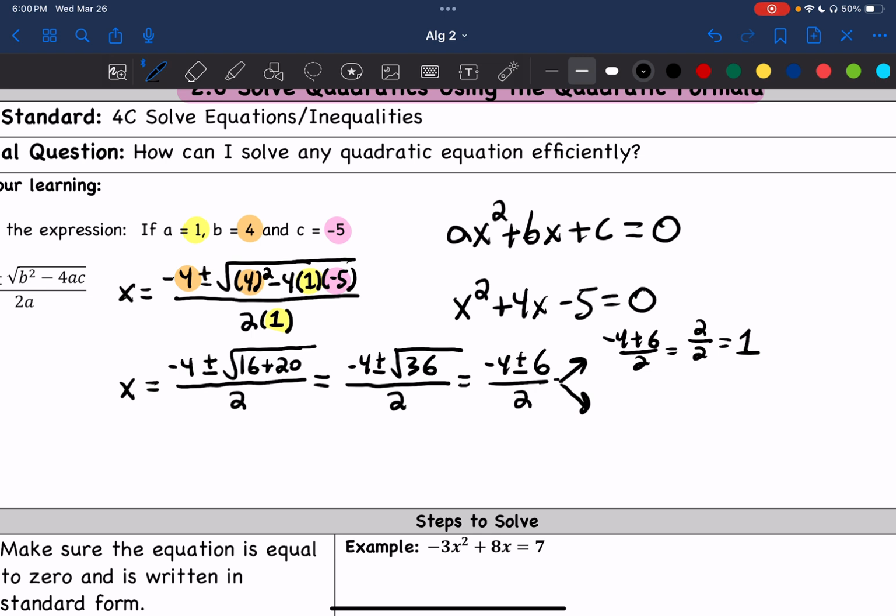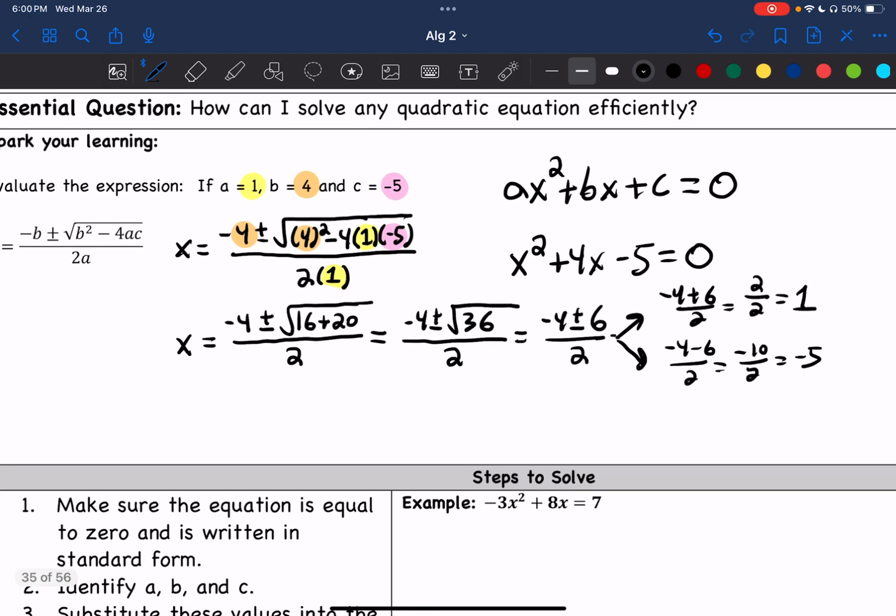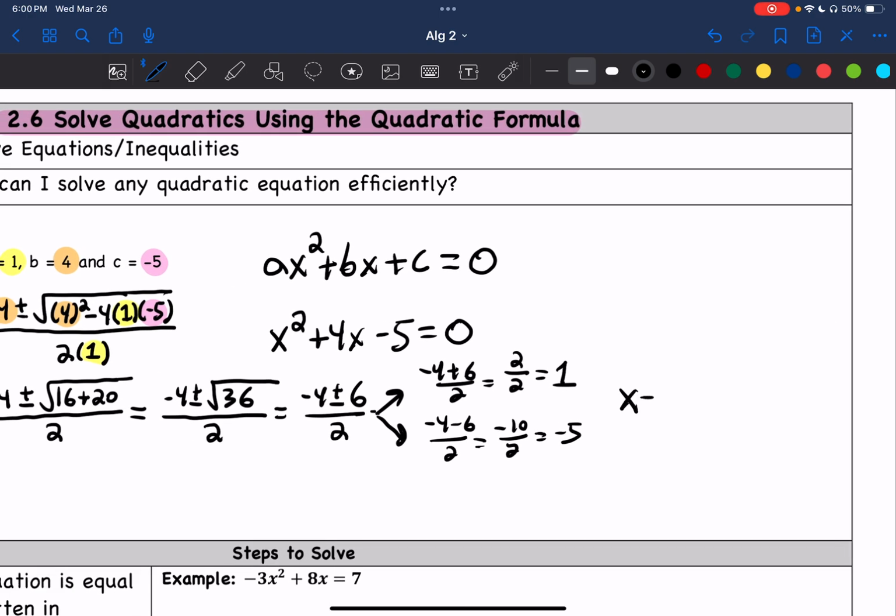Right, -4 plus 6, 2 on the top, 2 on the bottom. And you would have -4 minus 6 over 2, which would be -10 over 2, which would be -5. Meaning that in this case, x would be equal to -5 or 1.